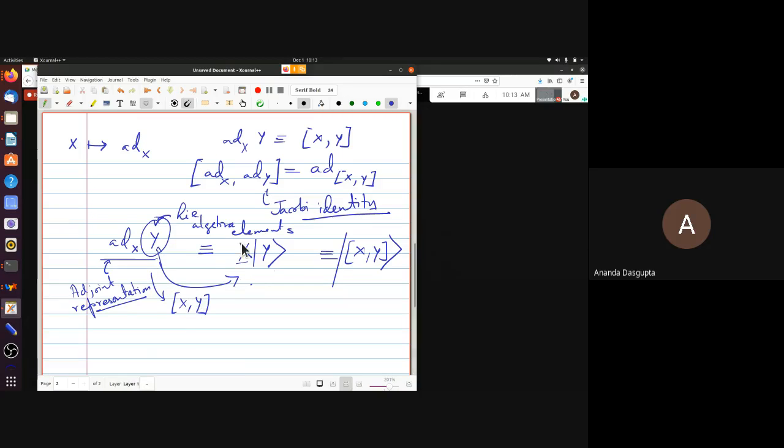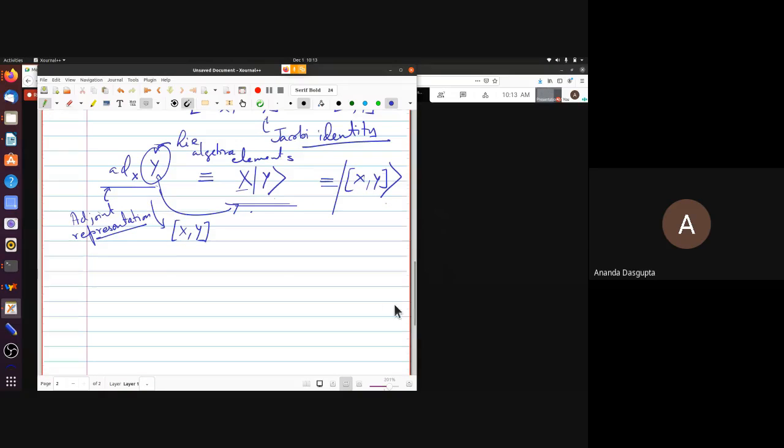The notation he uses instead of introducing the adjoint operator is this: X acting on the state Y gives us the state corresponding to [X, Y]. Okay? This is just a notation. It just means the same thing as ad X acting on Y gives you [X, Y]. Because Georgi has not really formally introduced or does not really use the adjoint representation in this sense extensively, he has to fall back on this notation, which I find a bit irritating, but I think it's easy to understand.